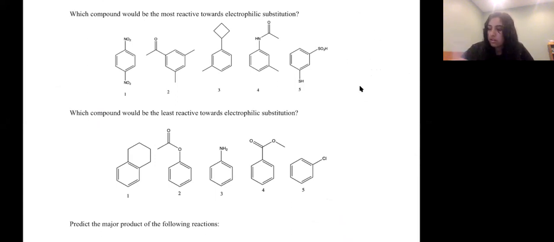Okay, so the first one, it's asking for the benzene that will be the most reactive. So which one would it be?